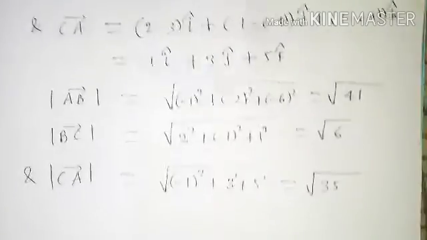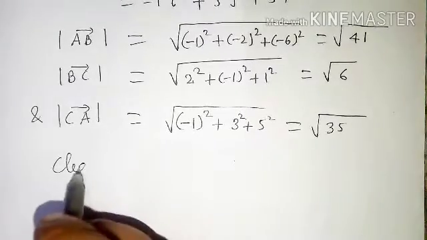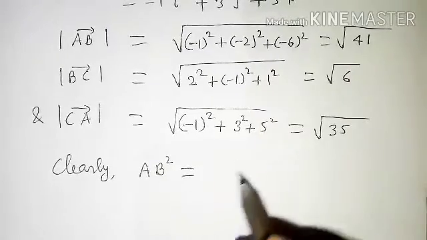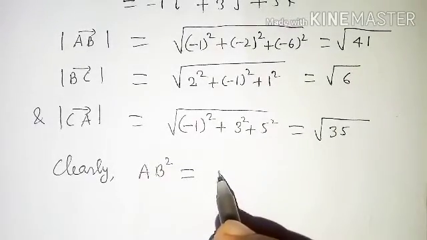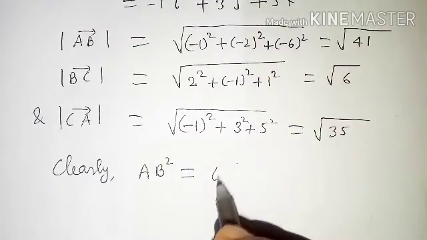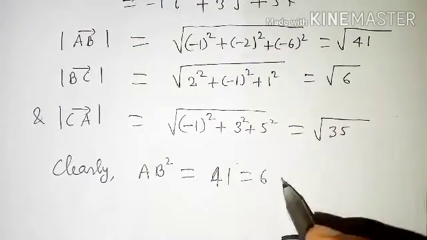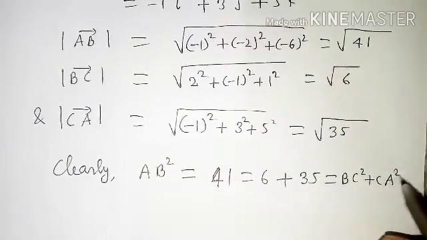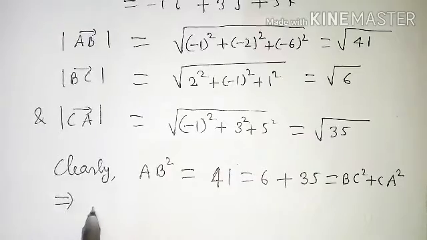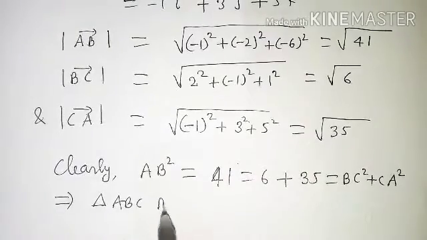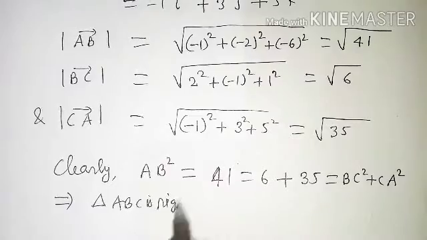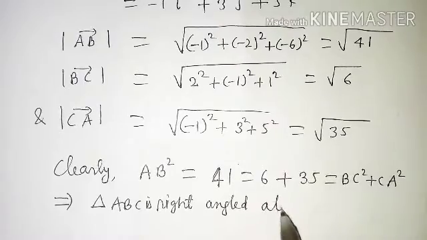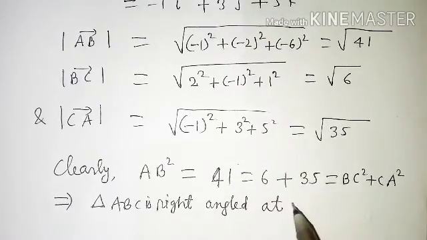We see that AB square is equal to 41, which is the sum of BC square plus CA square. This implies that triangle ABC is a right angle triangle at the angle opposite to AB, which is C.